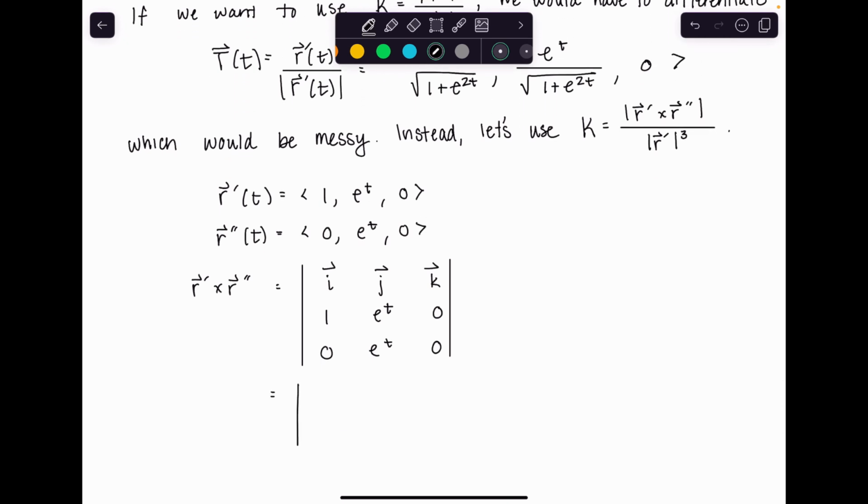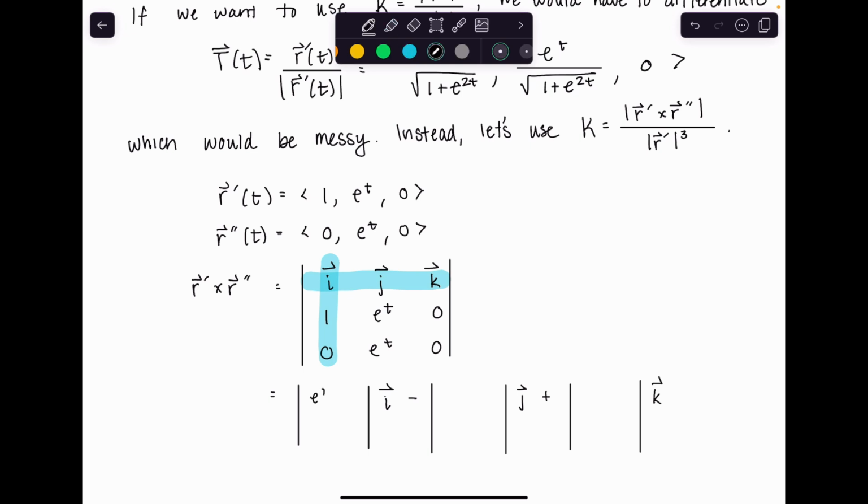So writing that out, we've got positive I, negative J, positive K. For our first one, we go ahead and cancel these.